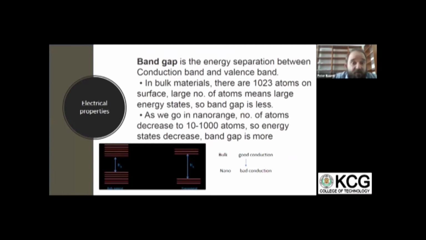Or electrical properties, you know, we can speak about band gap, a separation between the conducting band and the valence band in the materials, and if this band gap is too high, the material will be not conductive in this case, and we can modify this band gap preparing nanostructure.